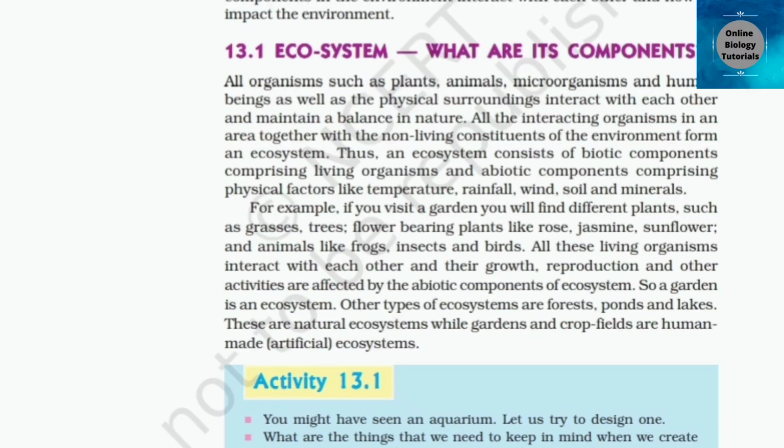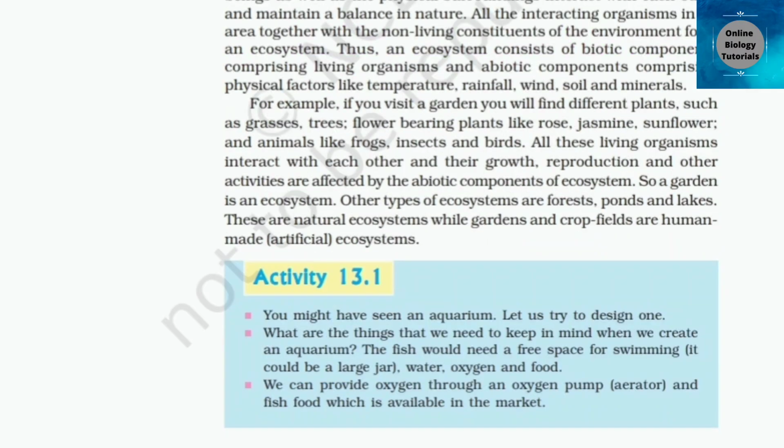All these living organisms interact with each other, and their growth, reproduction, and other activities are affected by the abiotic components of the ecosystem. So a garden is an ecosystem. Other types of ecosystems are forests, ponds, and lakes. These are natural ecosystems, while gardens and crop fields are human-made artificial ecosystems.